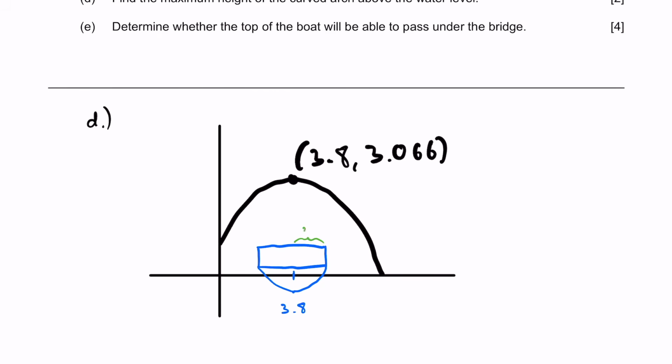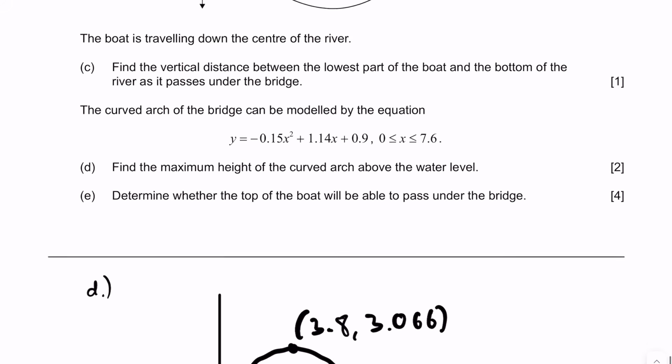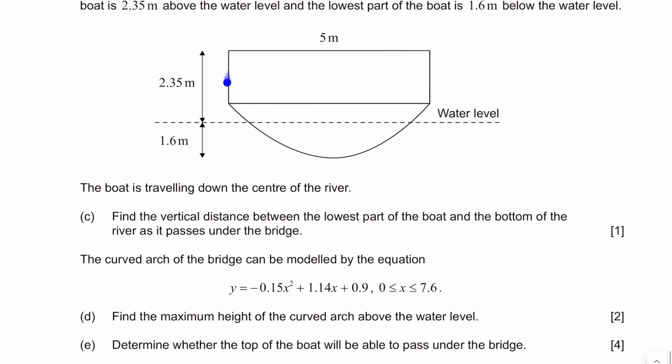This would be equal to 2.5, and this would be equal to 2.5. And what is the height? I guess what we could ask ourselves in this sense is, what is the height of this arch? 2.5 meters to the left and 2.5 meters to the right. Is it going to be greater or less than 2.35 meters in height?